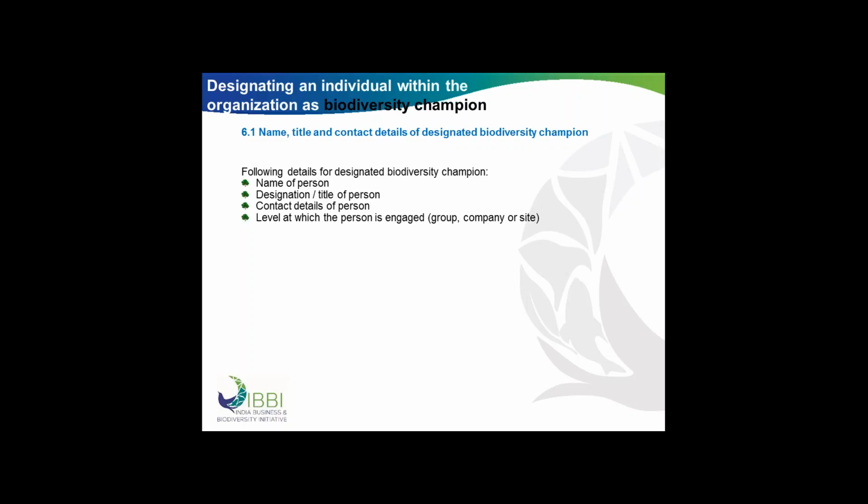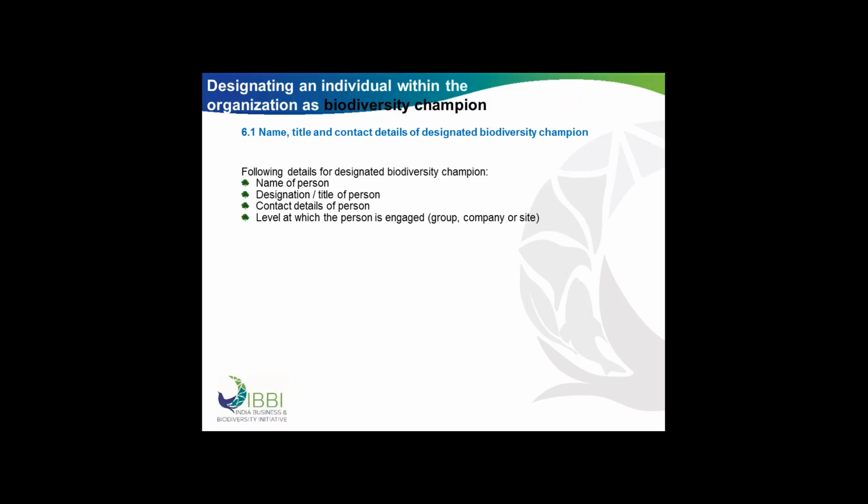That person should have an understanding of your business and also of biodiversity, and of the various impacts of projects, maybe new project development or expansion of projects, impacts of projects on biodiversity, and also the dependencies on biodiversity.